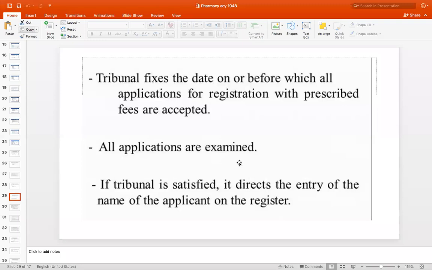So all the applications are examined, like your B Pharm certificates, course completion certificates, convocation. You have to take them and submit, give Xerox or photocopy, whatever they demand. Give it, and they will check it one by one. They will check it, because nowadays many people make duplicates. They try forgery.